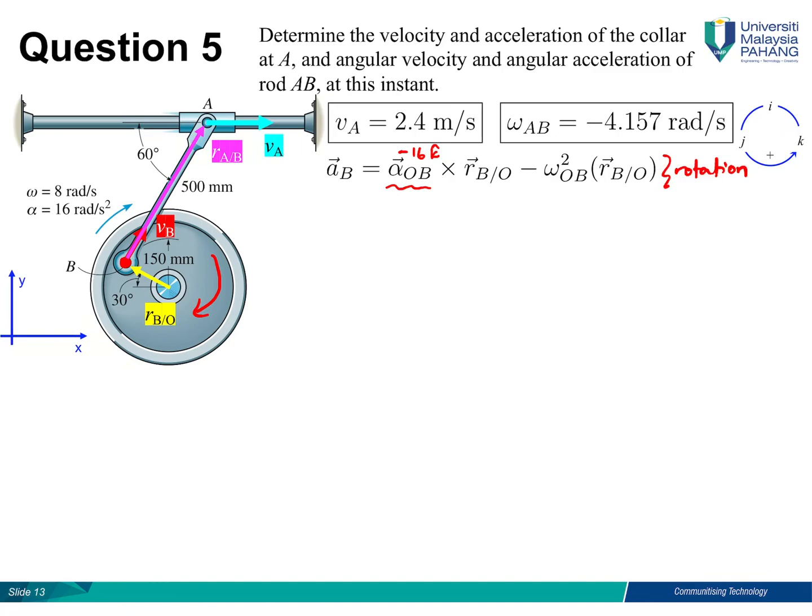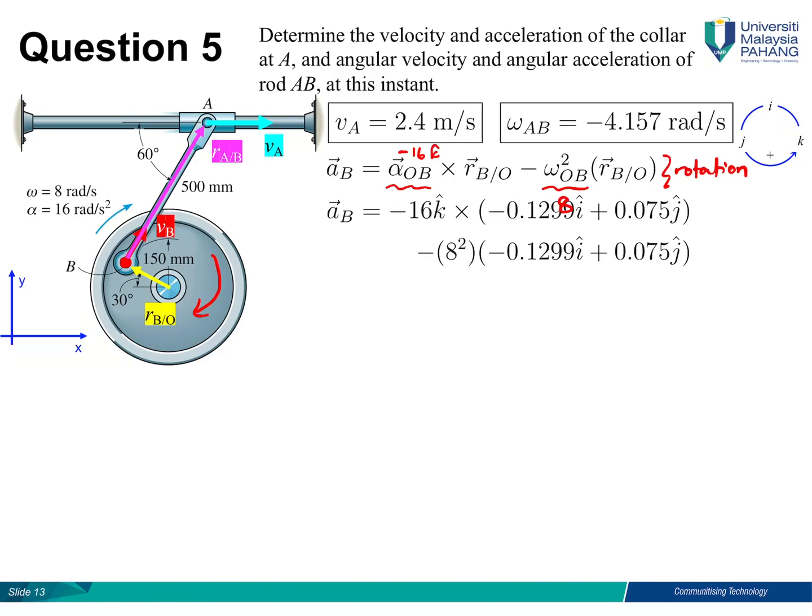Cross product RB/O, we have this omega OB as a scalar quantity, so you will just put in 8. There is no need to put IJK components, and obviously there is no need to put the negative sign, because the negative sign indicates direction, and since this is a scalar quantity, there is no direction indicated. Okay, so this is what we have.